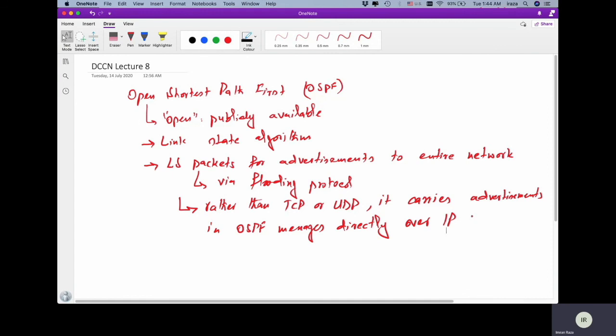And for route computation, it uses the Dijkstra algorithm that we have just discussed.